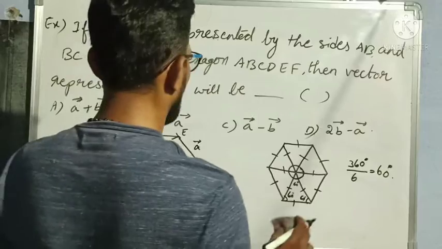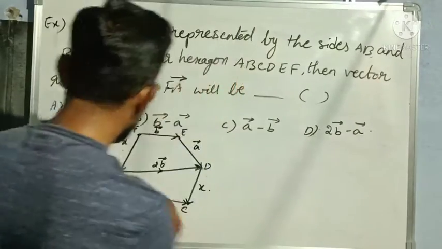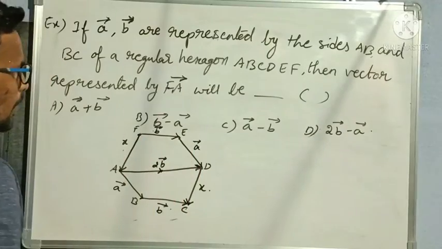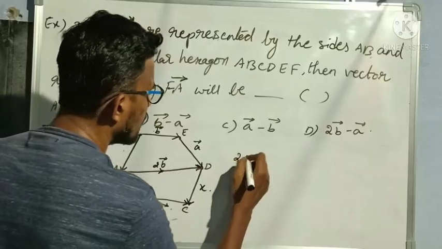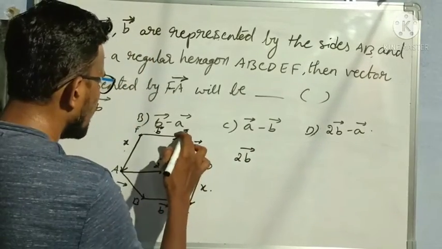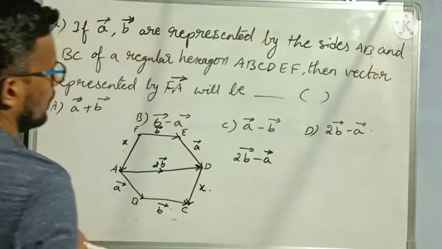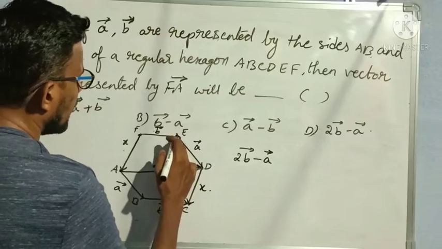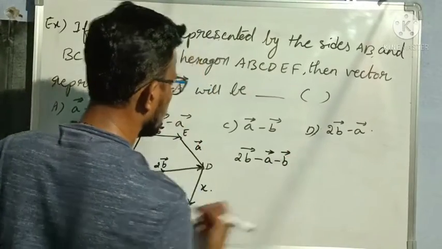So now let us do this problem. Okay. So now for A, D, E, F, I will apply the loop law. I am moving in this direction and the vector is also moving in the same direction, so I will get 2B bar. But I am moving in this direction, but the vector is in the reverse direction, so minus A bar. Now again I am moving like this, but the vector is in this direction, so minus B bar.